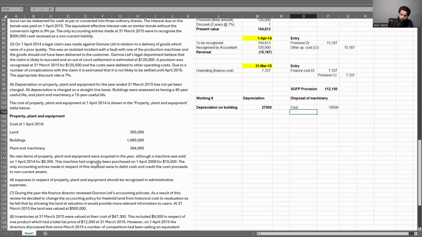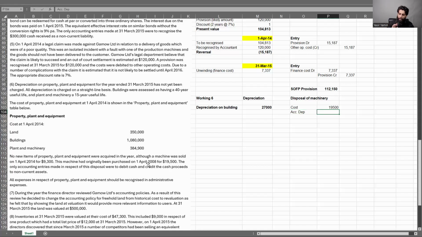You bought this on 1st April 2008. Can anybody tell me how many years of accumulated depreciation would have arisen up till now? Bought in 2008, so till 2009, 2010, 2011, 2012, 2013, 2014: 6 years of depreciation would have passed.